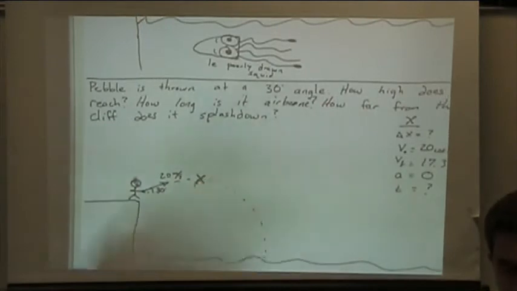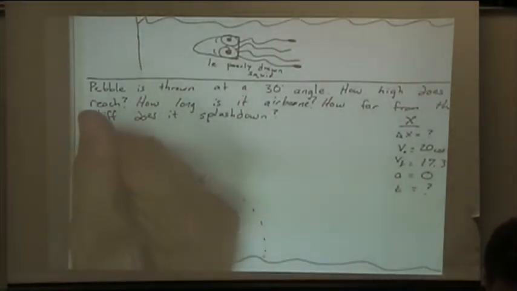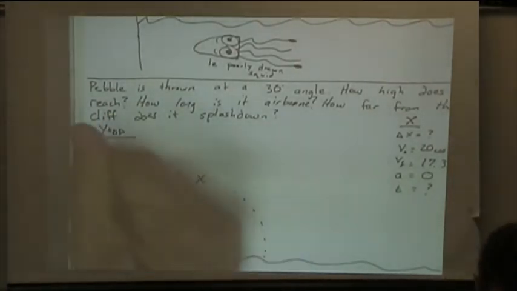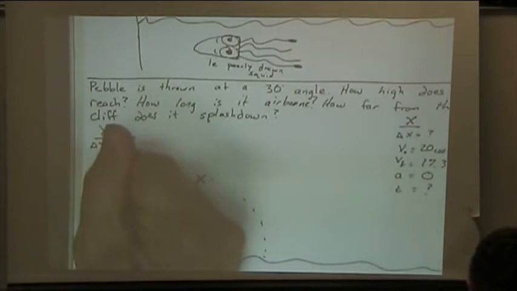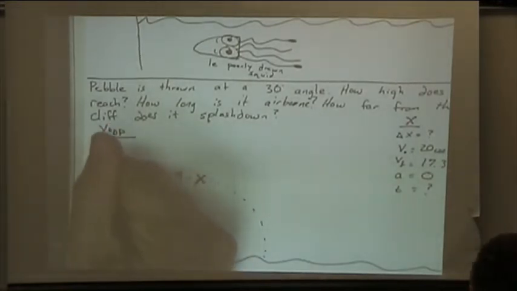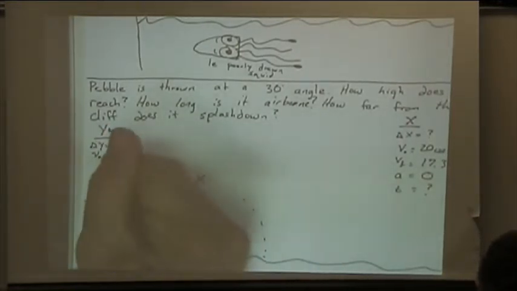We want to use a similar strategy to the last problem to find our y top. So let's make a y top list. Delta y equals question mark. V naught is going to be 20.